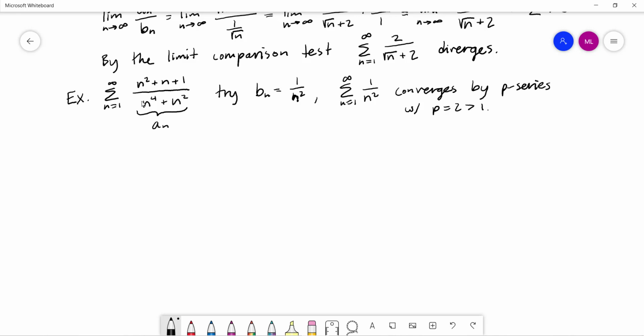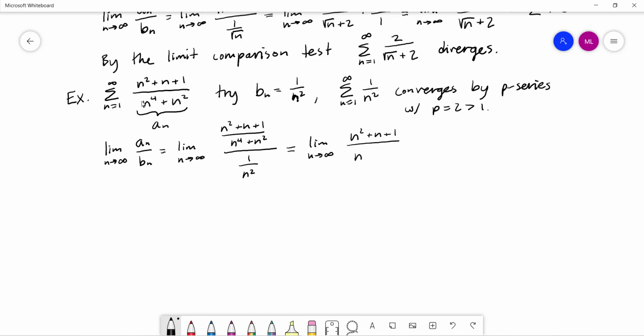So all I need to do now is verify that the limit as n goes to infinity of a sub n over b sub n, which is the limit of the big ugly term, n squared plus n plus 1 over n to the 4th plus n squared, over 1 over n squared, simplifies to the limit as n goes to infinity of n squared plus n plus 1 over n to the 4th plus n squared times n squared over 1.